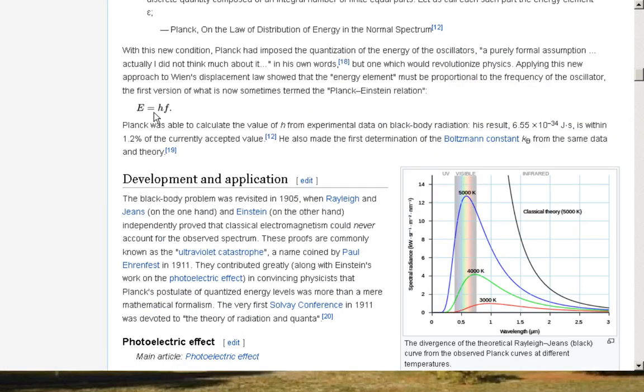This is similar to E equals hf. Planck was able to calculate the value of h from experimental data on blackbody radiation. See, he was calculating the value of Planck's constant using blackbody, but what if in the other theory Planck's constant breaks down in the ultraviolet?